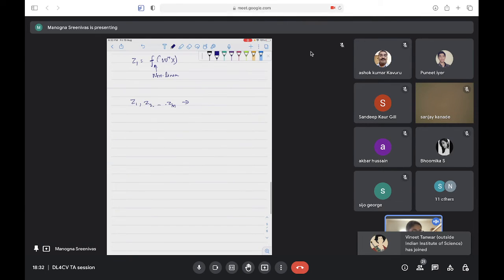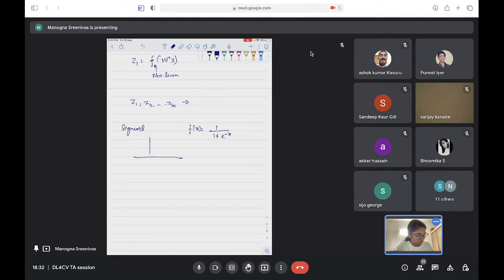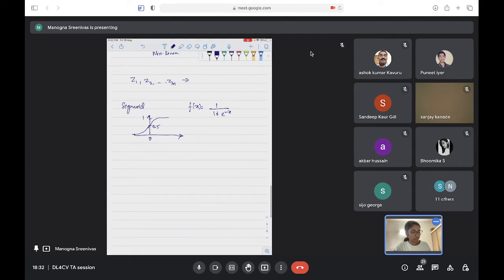Some typical classical nonlinear functions that are used are the sigmoid function. A sigmoid function is given by 1 over 1 plus e power minus x. This function looks something like this. This is 0.5, 0 and 1.